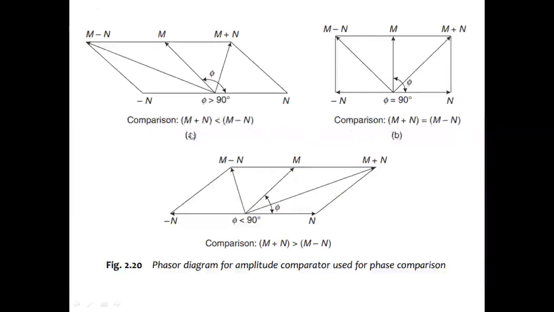The first diagram represents the comparison where M plus N is less than M minus N. There are three conditions of phi: in figure A, phi is greater than 90 degrees; in figure B, phi is equal to 90 degrees; and in figure C, phi is less than 90 degrees.